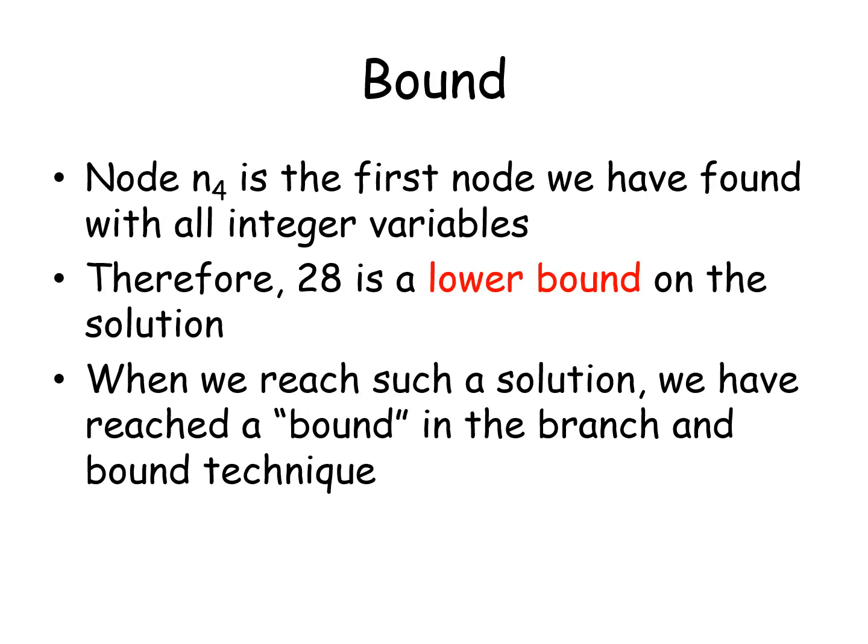Node N4 is the first node where we have found an all integer variable solution. We'll call this a lower bound, as I said, because you could do better somewhere in the other parts of the tree, but we'll have to check. When we reach an all integer solution, we have reached a bound, a lower bound in the branch and bound technique.